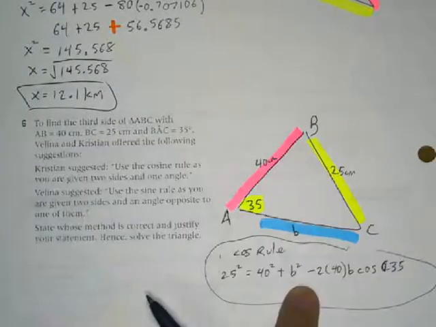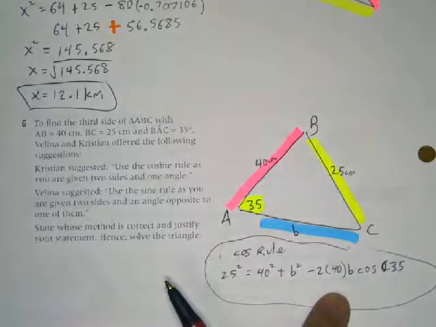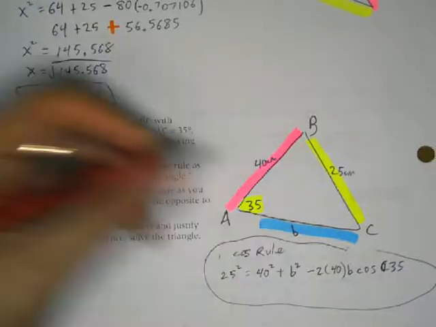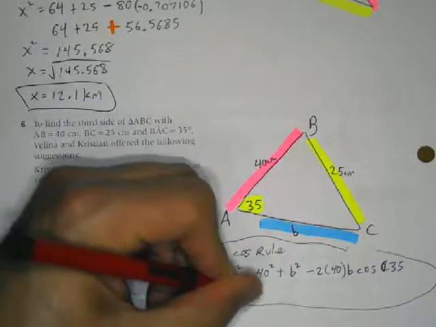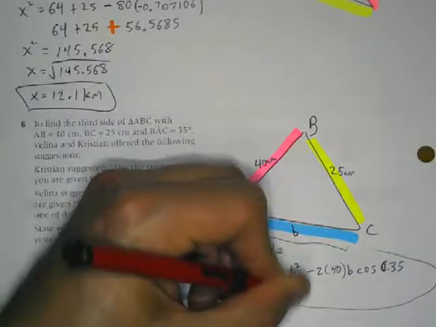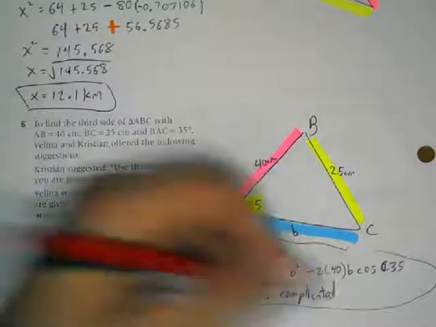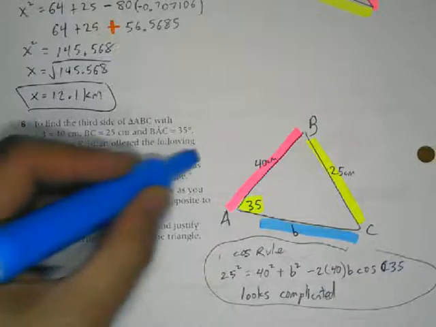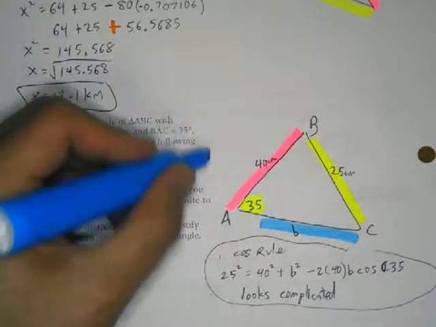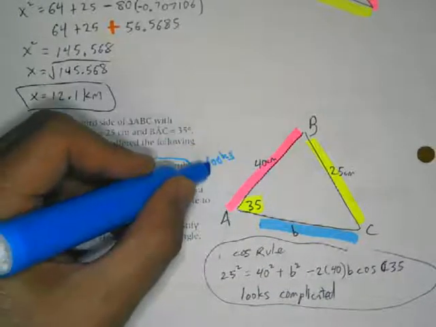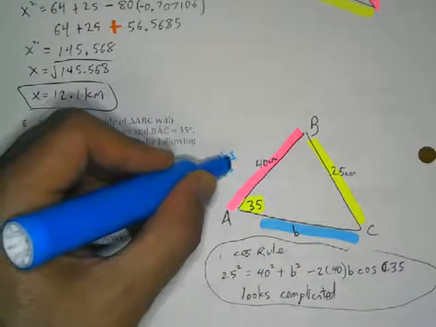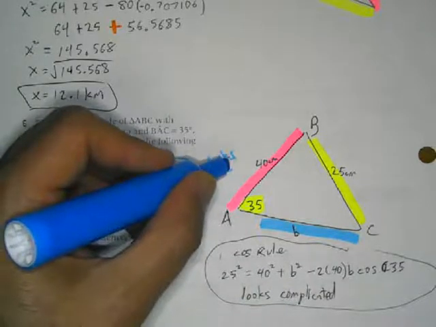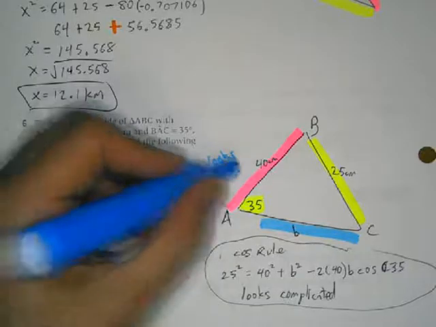Now, if I'm solving for b, this is going to be really ugly looking. So I'm going to say here that using cosine rule looks tough. So let's look at another way to do this.